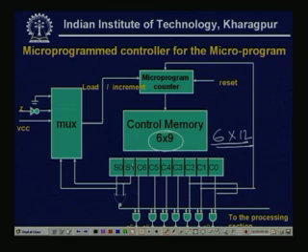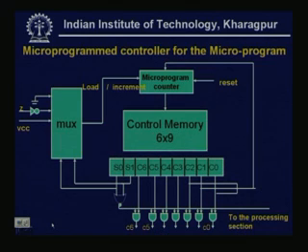Now this will have S0, S1, only the select lines, and C0 to C6, the 7 control fields, and there will be no branch field, and these are the C0 to C6 lines to the processing section.